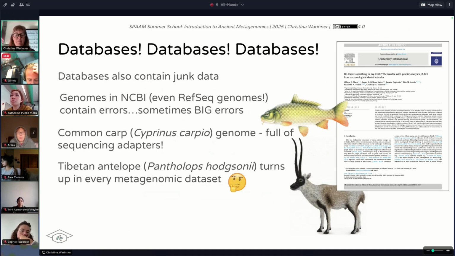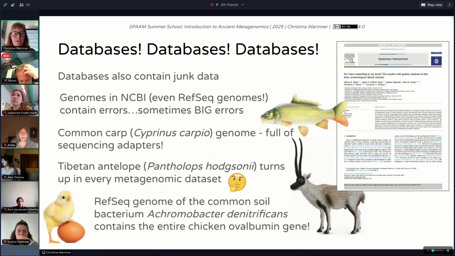Tibetan antelope, Pantholops hodgsonii, turns up in every metagenomic data set. We're not entirely sure why. We think it's because microbial sequences have accidentally been incorporated into its genome. As a result, any soil bacteria that you might have in your sample will get identified as Tibetan antelope.